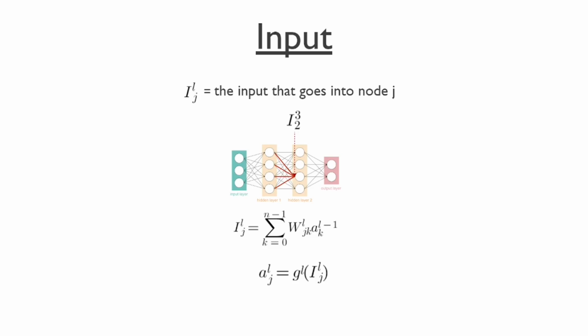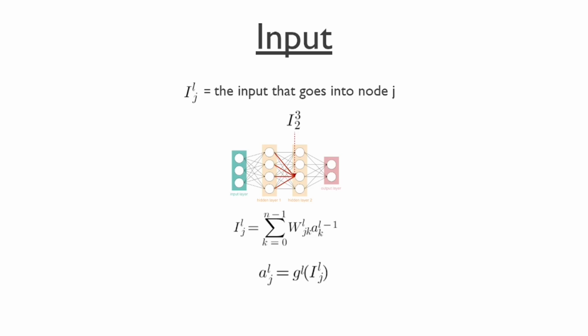So we may describe the input to node j in layer l as the summation of the products between all the activation outputs from nodes in layer l minus 1 and the weights in the connections that connect them to node j. This helps us view the input as a function of the weights in the connection.